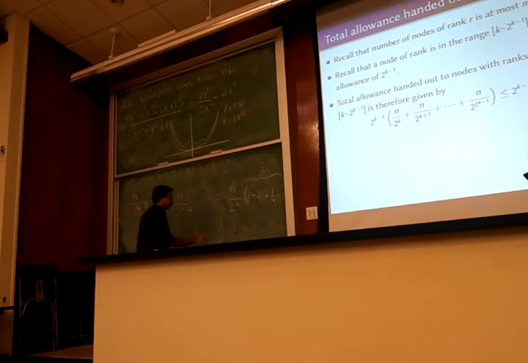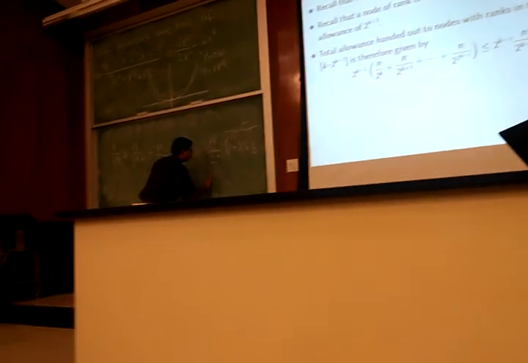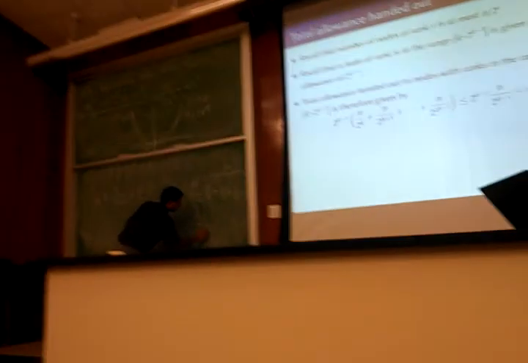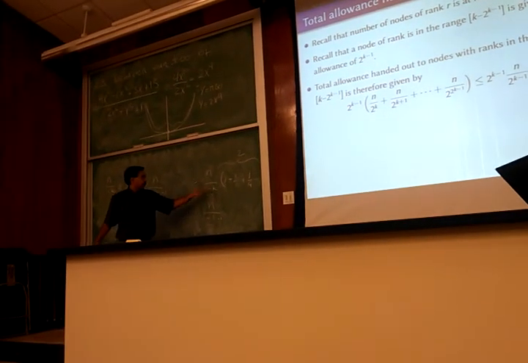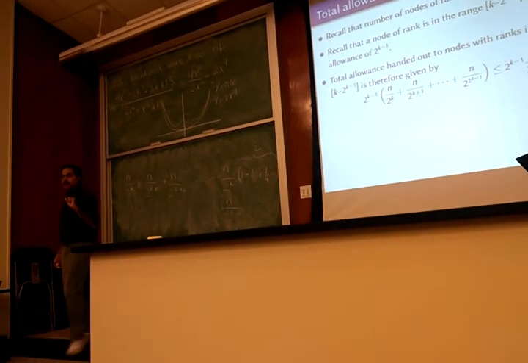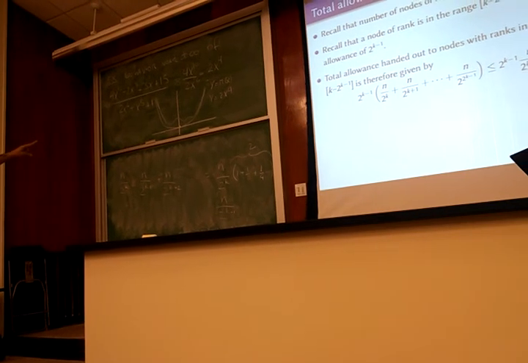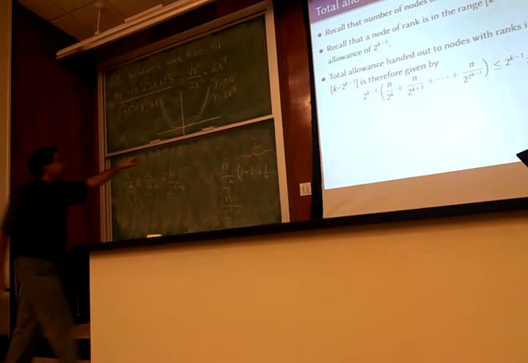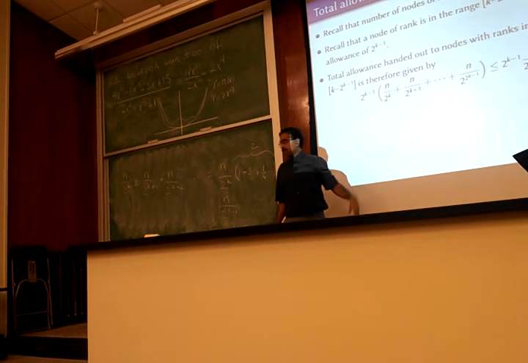So this ends up being n by 2 to the power k minus 1, because 2 to the power k multiplied by 2 becomes 2 to the power k minus 1. And the allowance we gave for every node in this range is 2 to the power k minus 1. Remember, the allowance we gave for somebody in this range is a higher number.